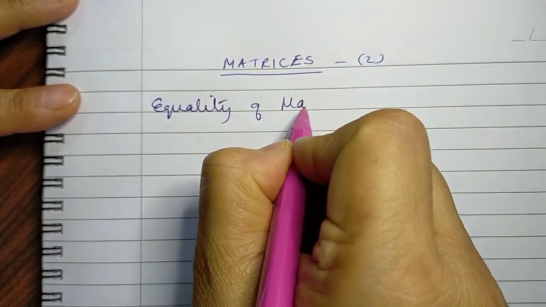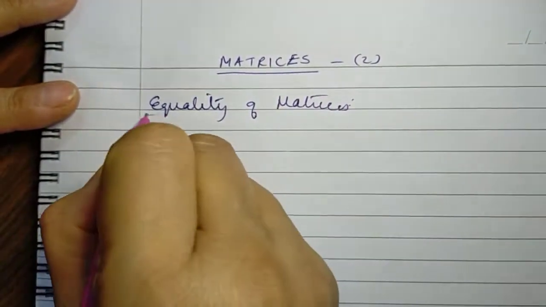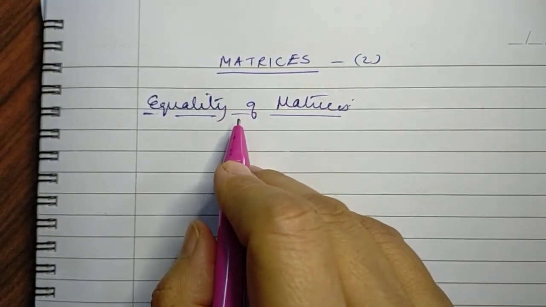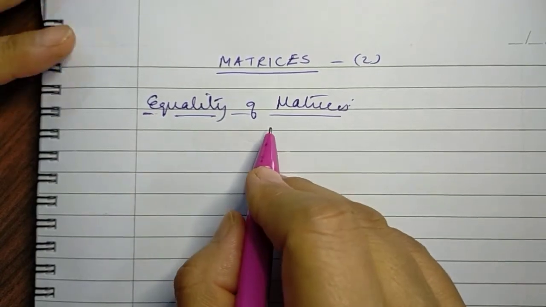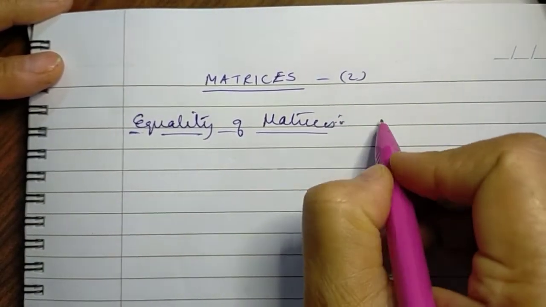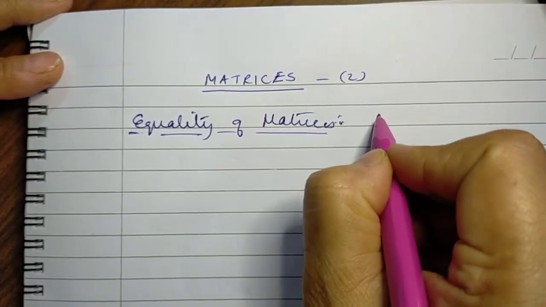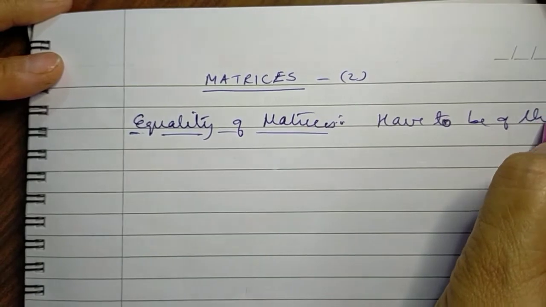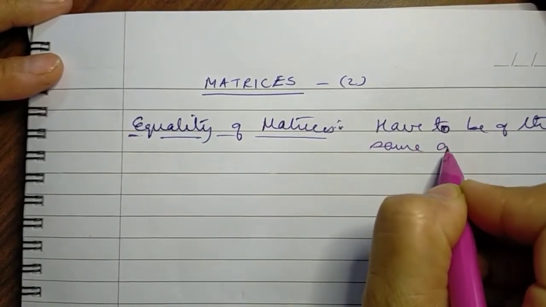of matrices. Now, in order that we are able to compare two matrices, the first prerequisite is they have to be of the same order.